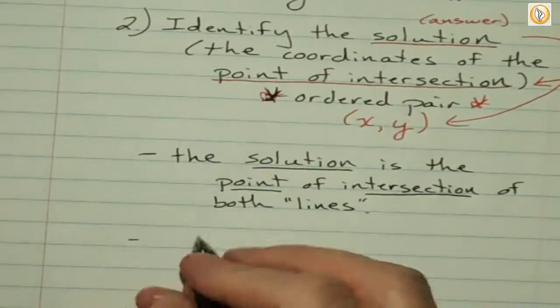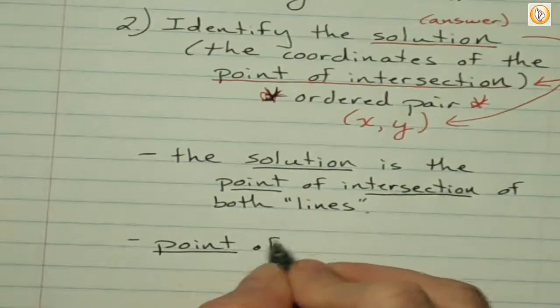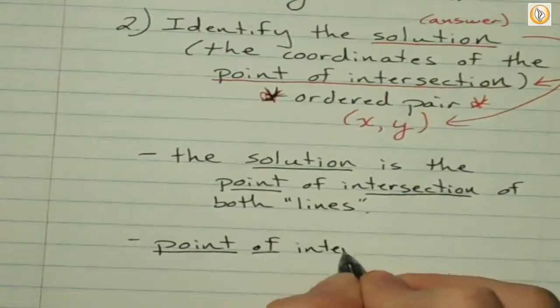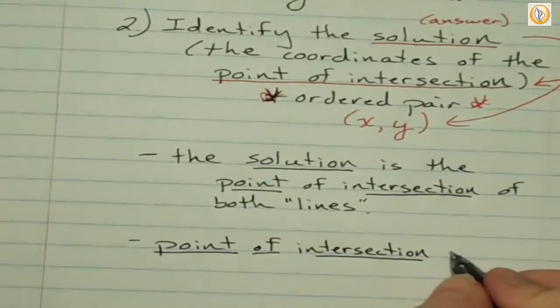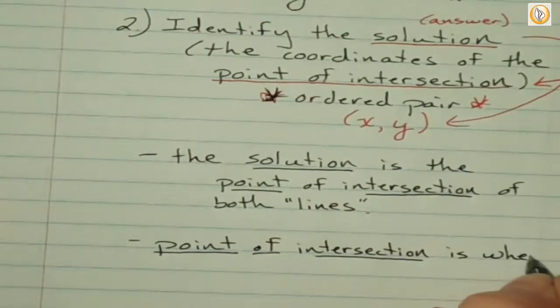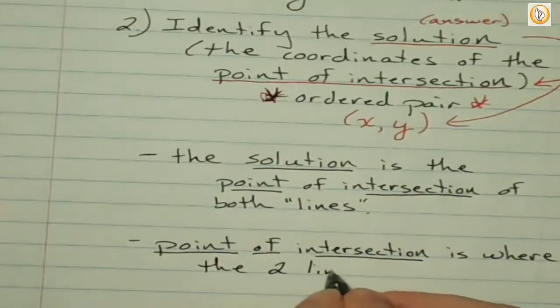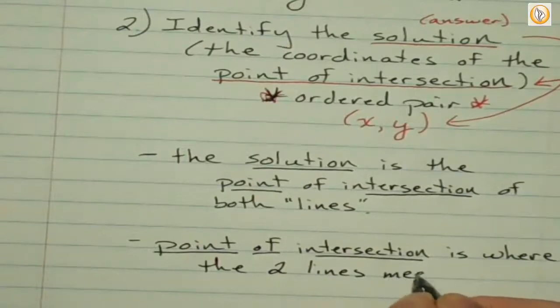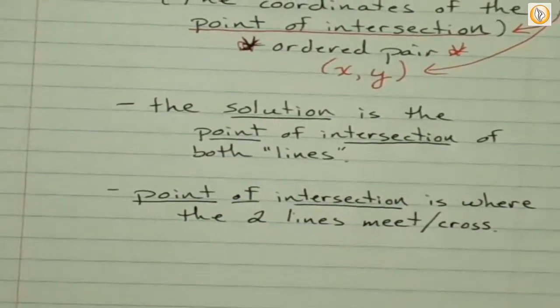And the point of intersection is where the two lines meet across. So I'm just kind of re-explaining it for that.